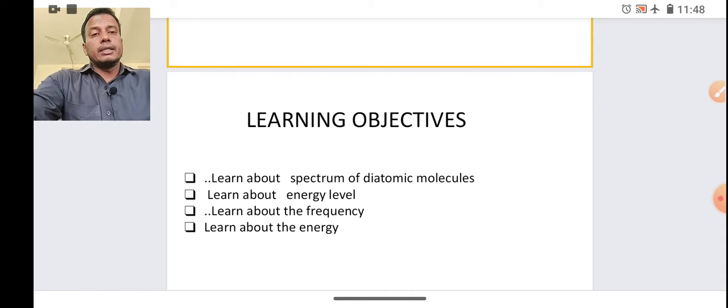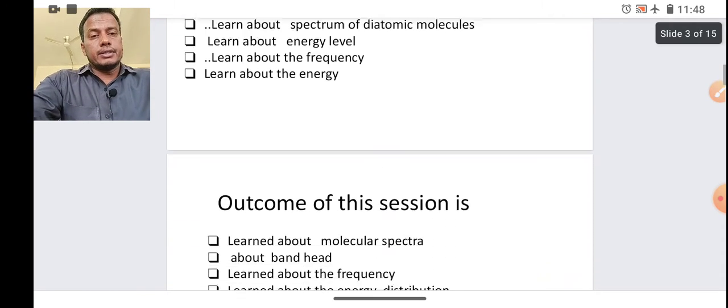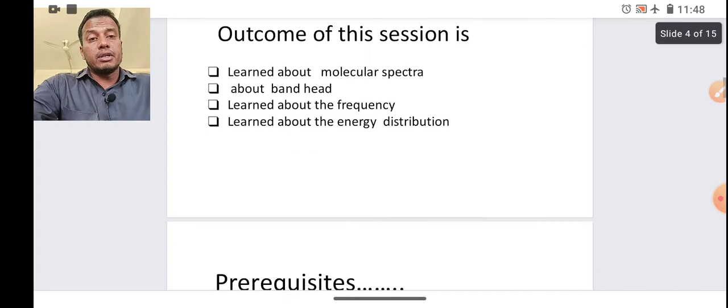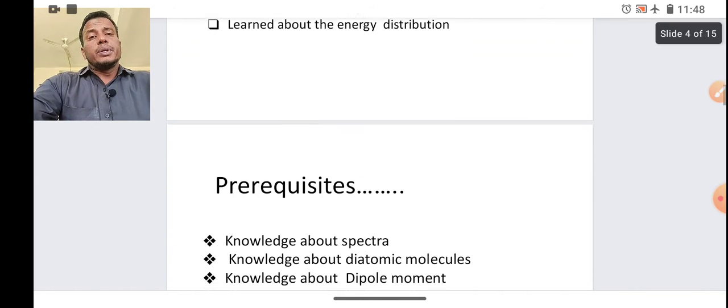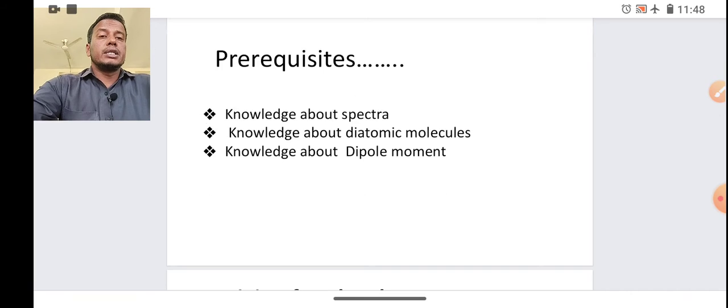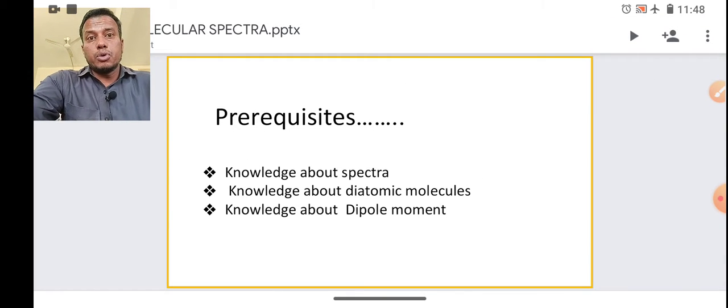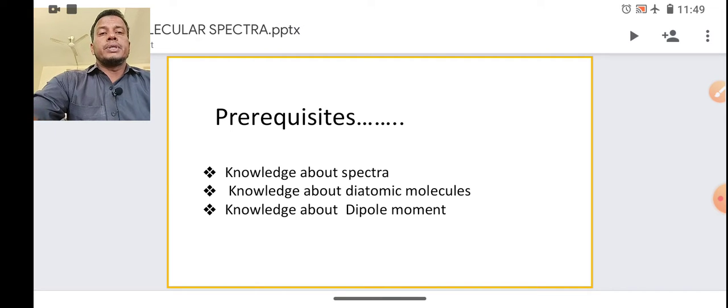Let us discuss in this session, and afterwards we can learn about molecular bands and how the energy bands are formed. Before that, we should know about spectra, diatomic molecules and what a dipole moment is. Spectra is a group of lines which have different wavelengths or frequencies.